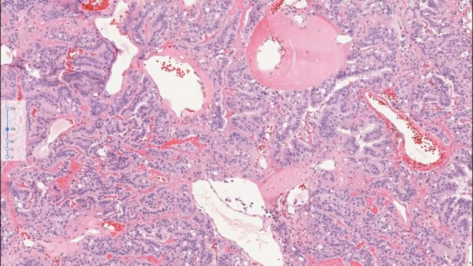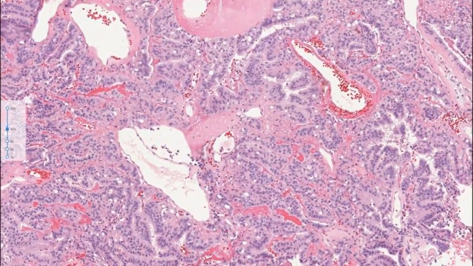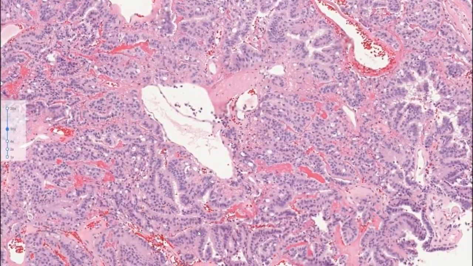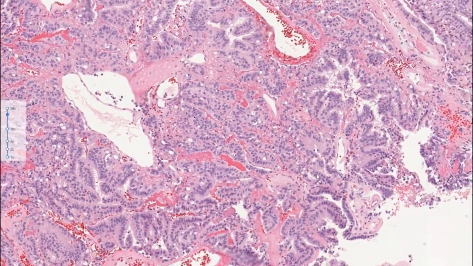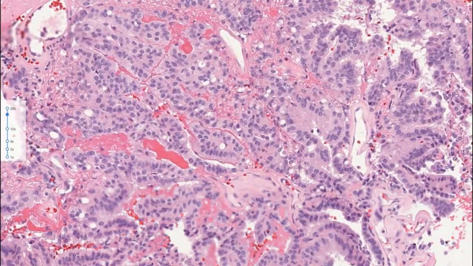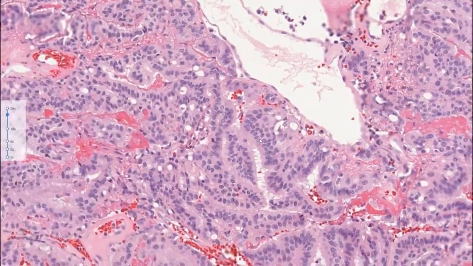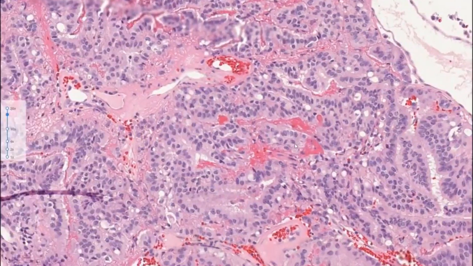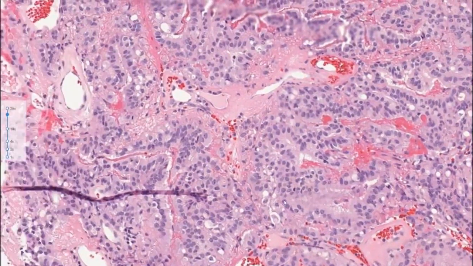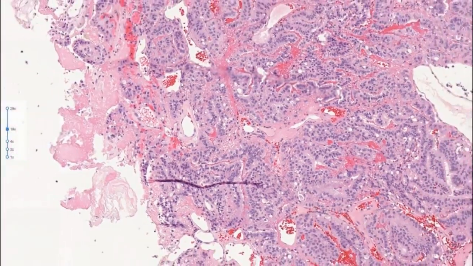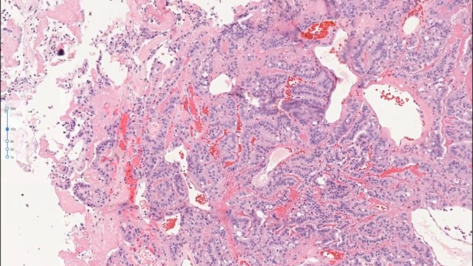And as you can tell, we have a theme. We are having another tumor that has a lot of papilla. Very similar to the other cases I've been showing you. Nicely developed papillary architecture.